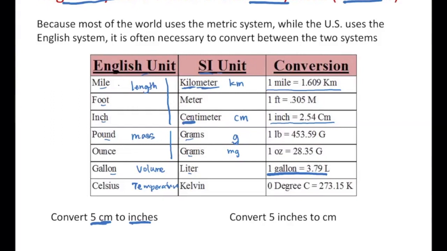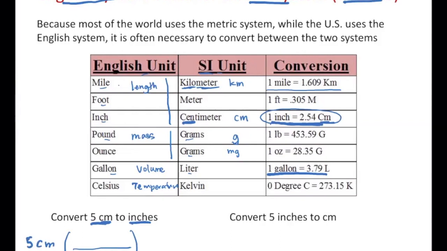I'm looking for centimeters and inches, and I think this one looks like a good candidate. 1 inch equals 2.54 centimeters. It has both the centimeters and the inch in there. So take this number you're going to convert, 5 cm, put a fraction, and then decide what's going to go in the bottom or top using this equivalence, this conversion factor.